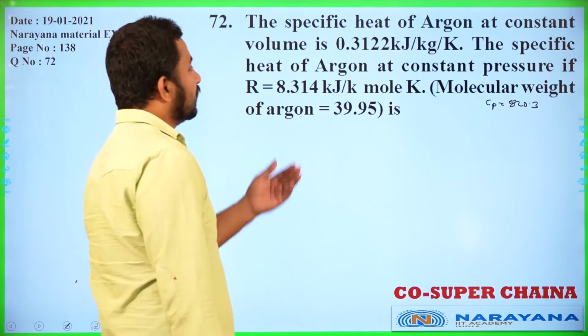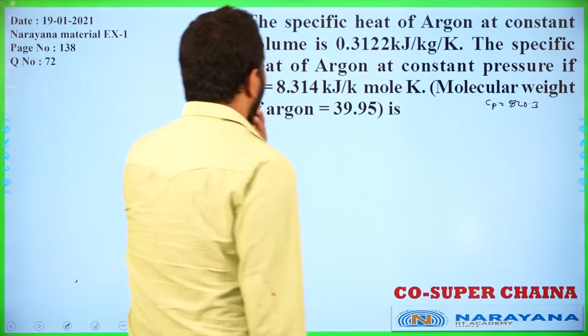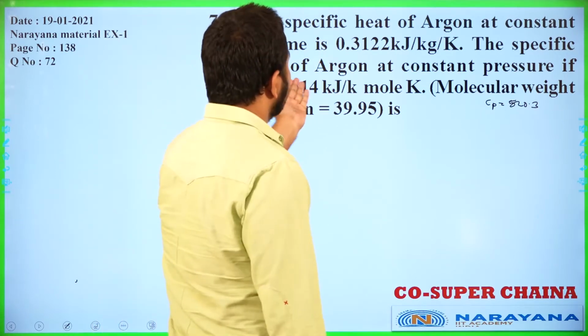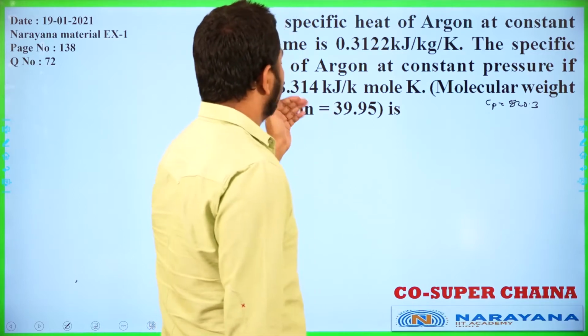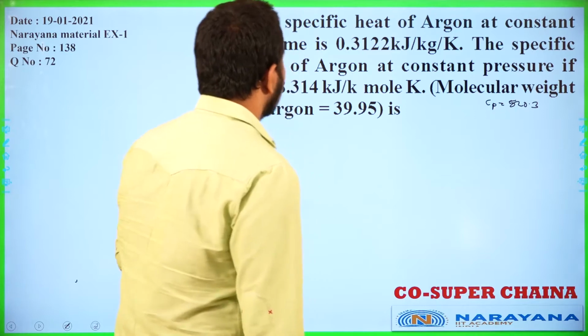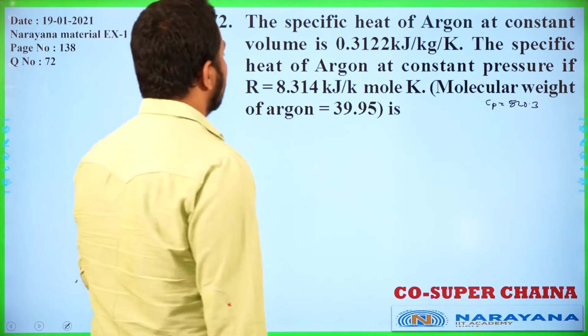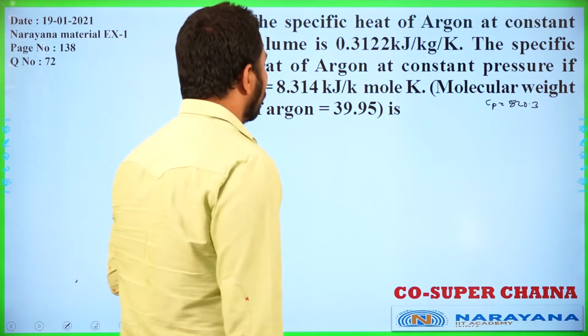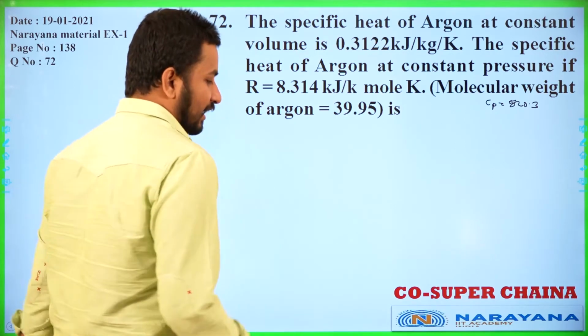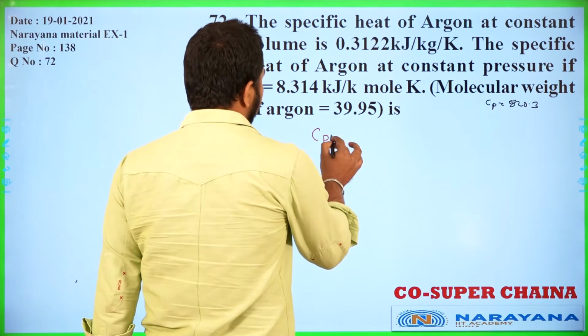The specific heat of argon at constant volume is given as 0.3. The specific heat of argon at constant pressure you have to calculate. So here we have to find the specific heat of argon at constant pressure. We can write Cp we have to calculate.